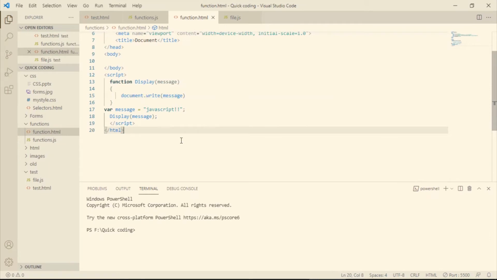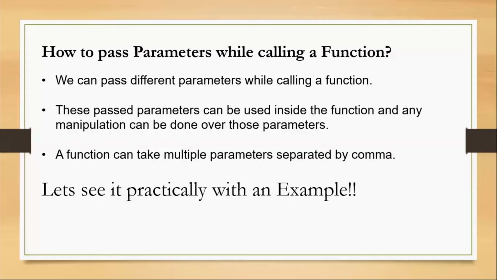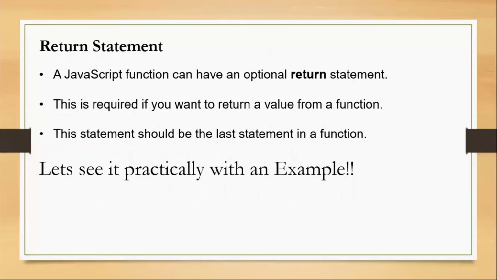Now I have another thing to tell you which comes with a function, the basic thing, that is the return statement. If some of you have worked with other programming languages like C# and Java, there we usually have return statements if we are not using void and are using integer and so on.